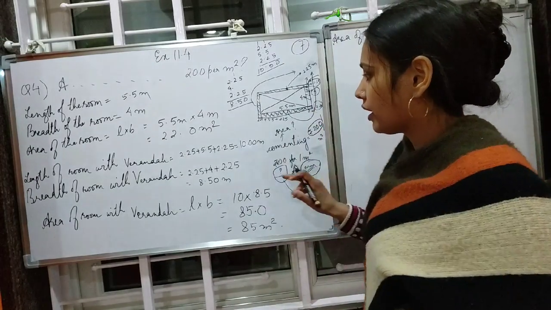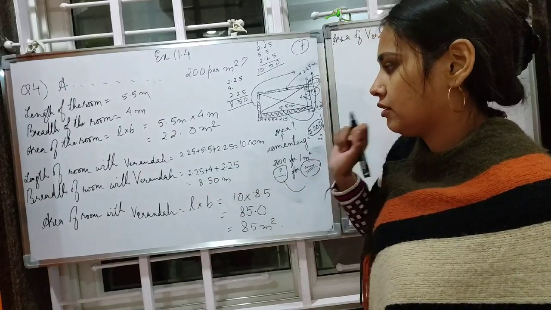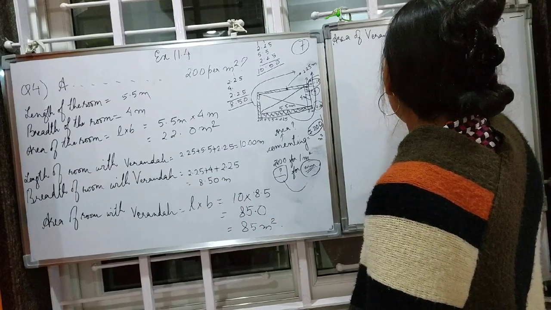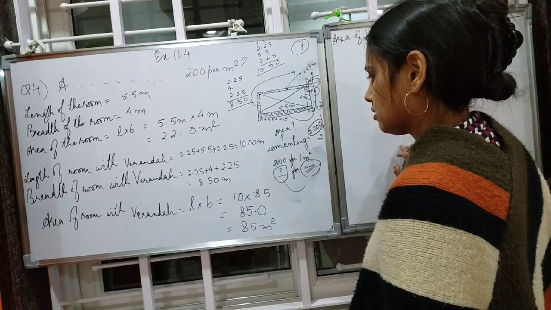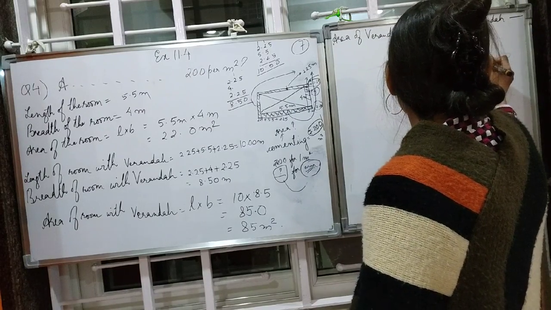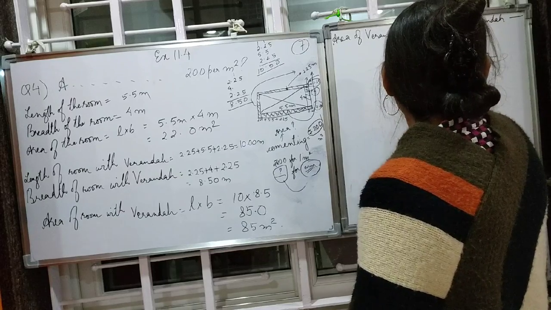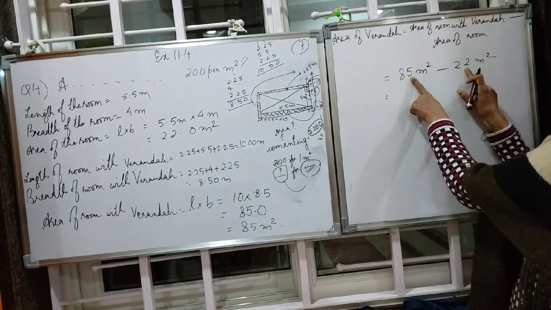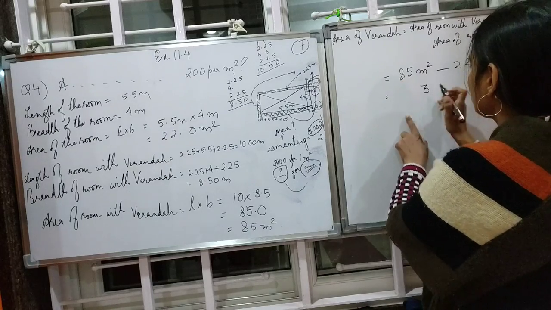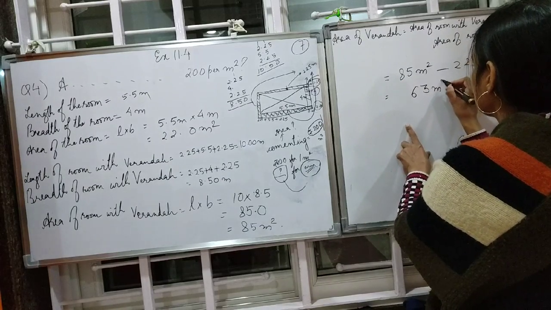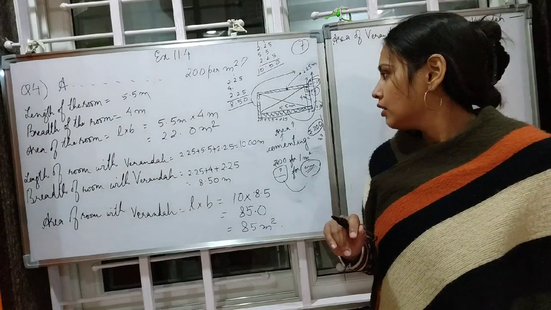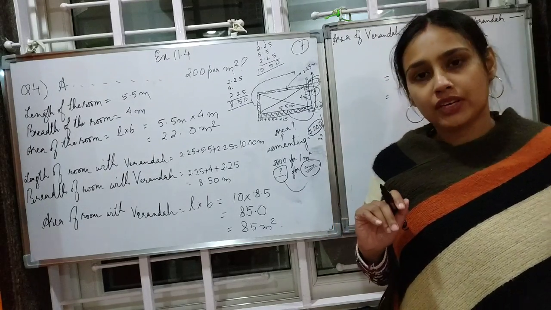Area of room with veranda, that is this one, 85 meter square minus 22 meter square. So this gives us, children, 5 minus 2 gives us 3. 8 minus 2 gives us 6. So this is 63 meters square. Only the area of the veranda.